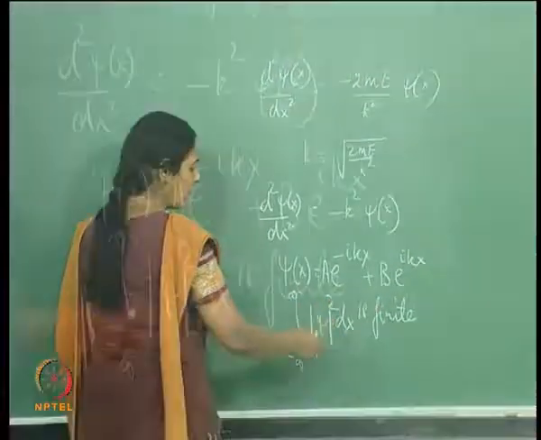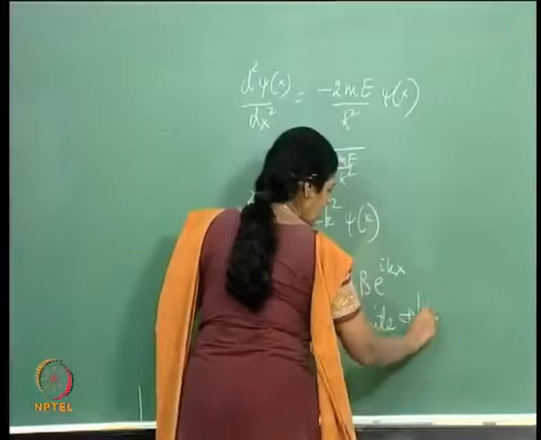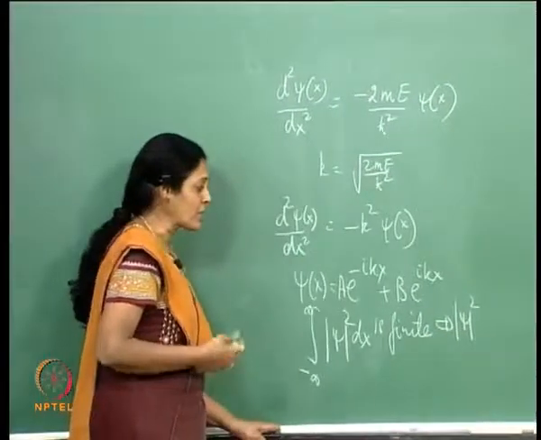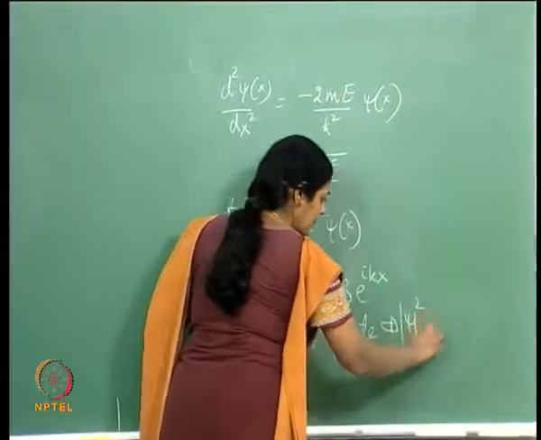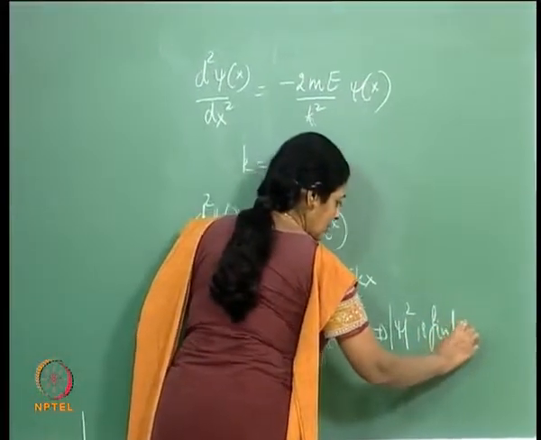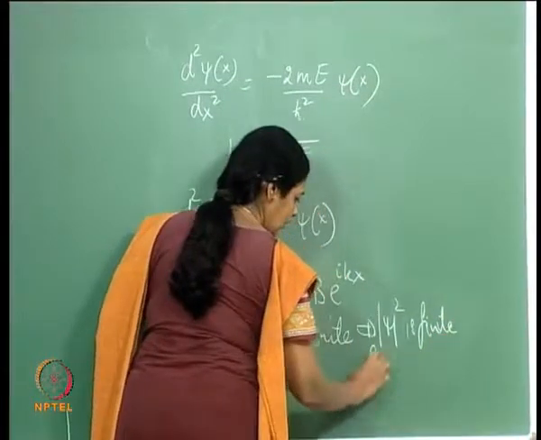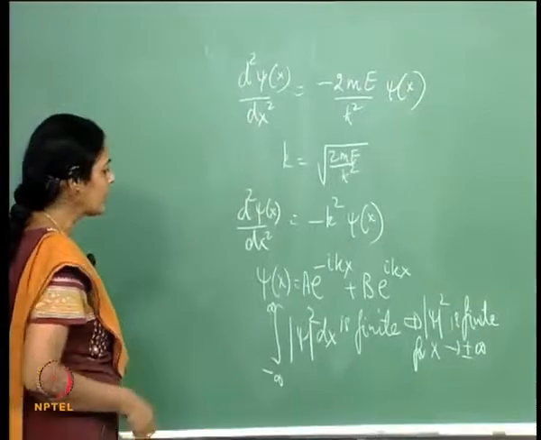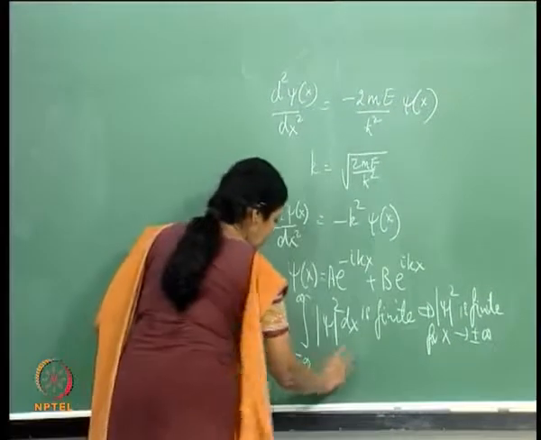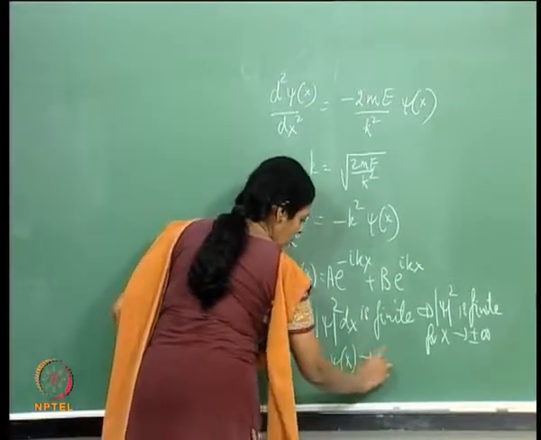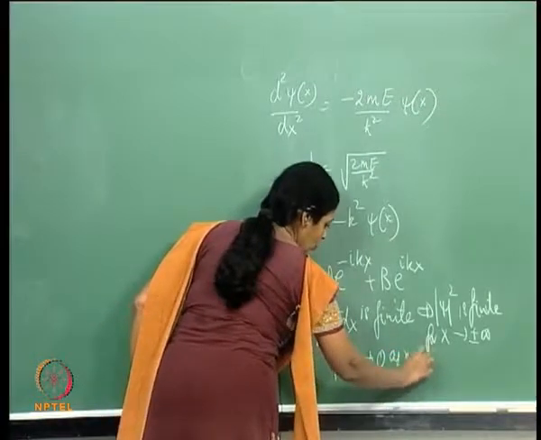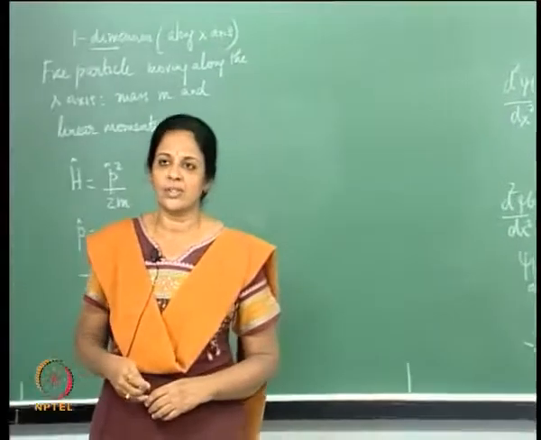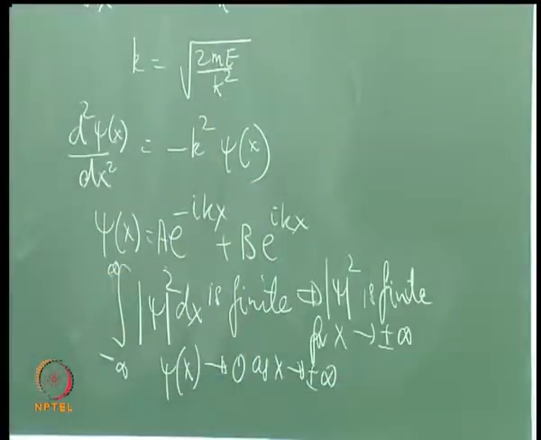This automatically implies therefore that mod psi squared is finite as x goes to plus minus infinity. And the boundary condition that we use is that psi of x goes to 0 as x goes to plus minus infinity. So those would be the boundary conditions for this problem.